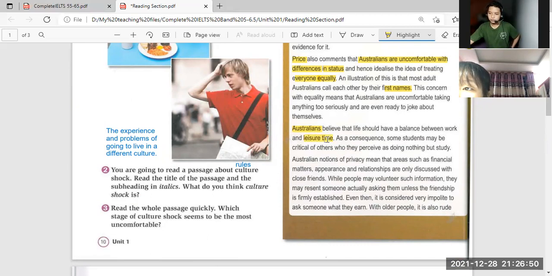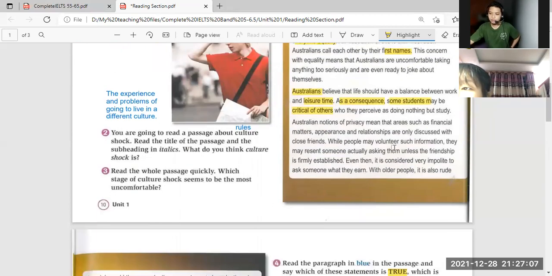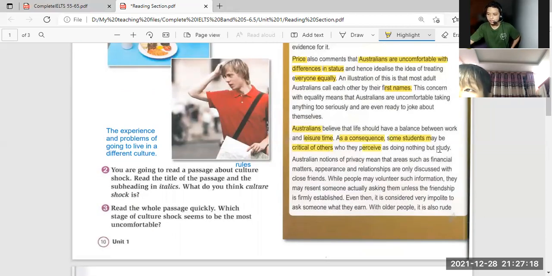Okay, between work and leisure time as others. Critical of others means do not like. So some students do not like or hate, okay? Some students do not like who, okay? Critical of others who they perceive, okay? Do not like to see other students when they are studying. So this is the meaning of this sentence. So some students do not like other students when they look at them studying.